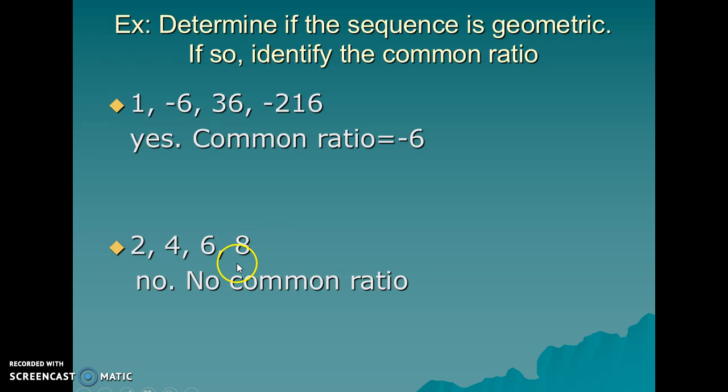For the second one, it's no. 4 divided by 2 is 2. 6 divided by 4 is 1.5, which is not a common ratio. This is an example of an arithmetic sequence, not a geometric sequence.